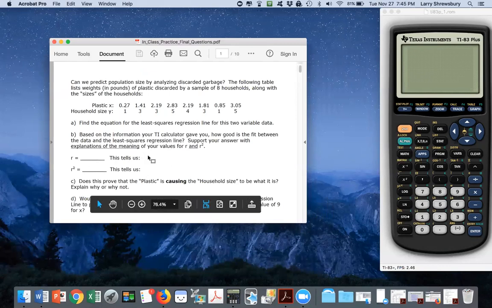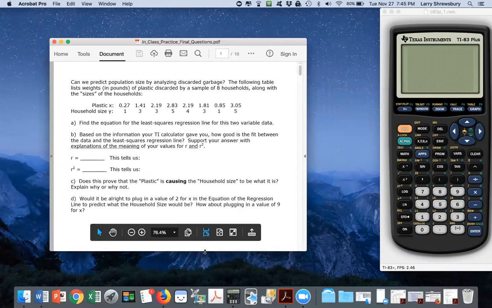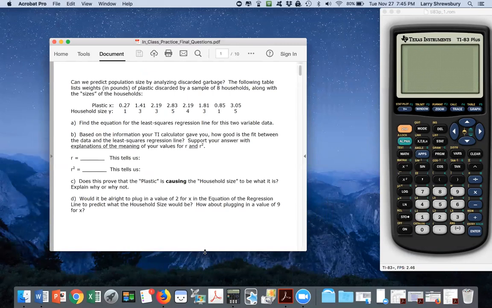And that's what you're explaining here. Hey, does this prove that the X variable is causing the Y variable to be what it is if it's a strong correlation? And then finally, would it be okay to plug in a value of 2 for X in our equation in order to predict Y, the household size? And how about plugging in a value of 9 for X? Can we do that?